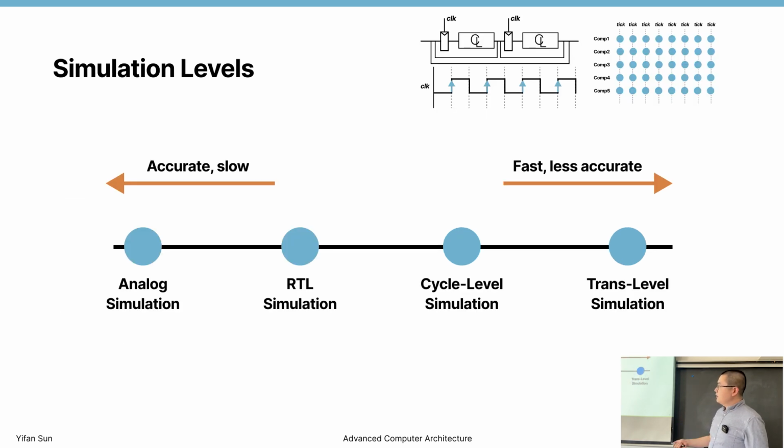There are different types of simulations. What we're talking about here is either RTL simulation or cycle level simulation. What is RTL simulation? Although we haven't talked about Verilog, Verilog is a descriptive language that is written to describe sequential logic, combinational logic, and its register state.